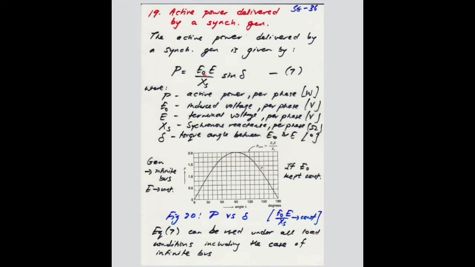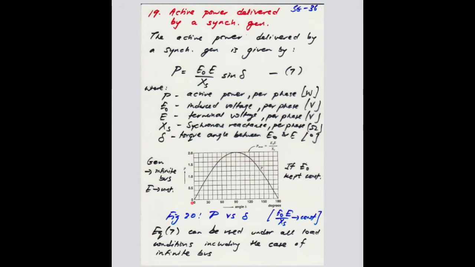So if these parameters are constant, E naught and the synchronous reactance, and we vary only the angle delta, basically you end up with the sinusoidal curve that's basically representing the active power versus the torque angle, right?